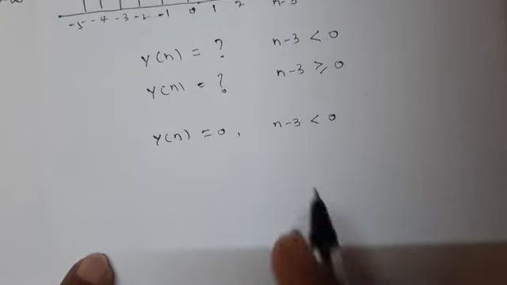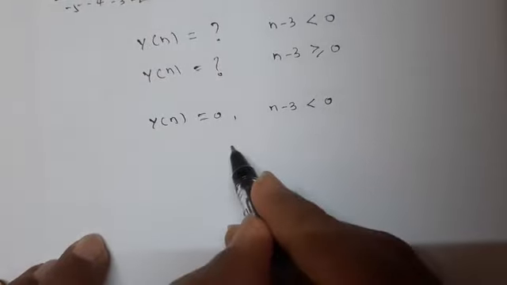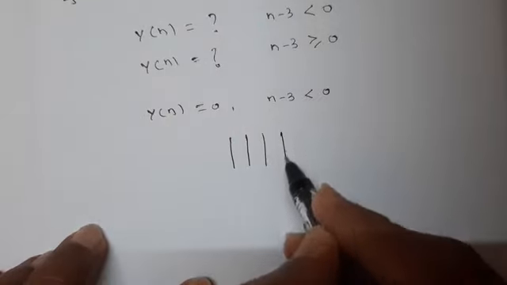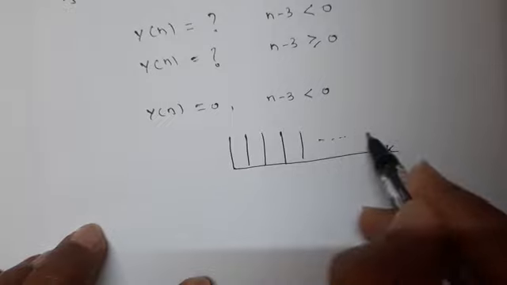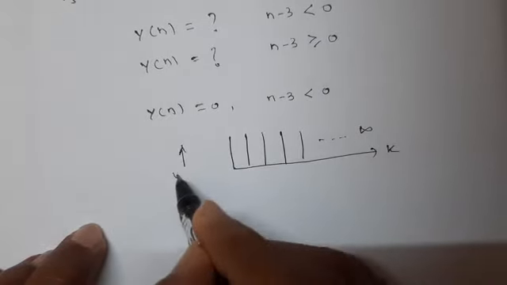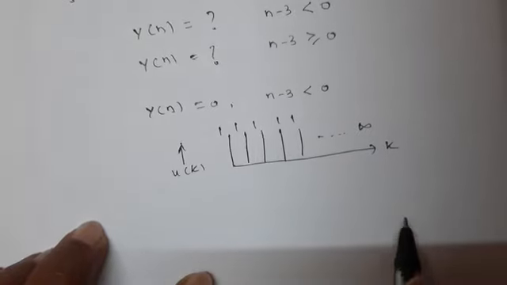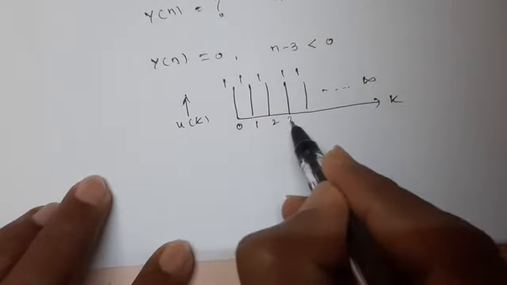If you want to make it clearer, I will try to draw u of k. This goes towards infinity, u of k with an amplitude 1. Now you want n minus 3 less than 0. This is 0, 1, 2, 3, 4 and so on.